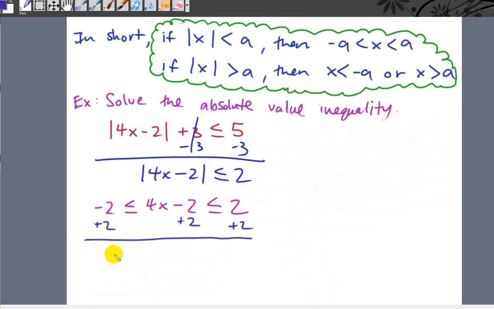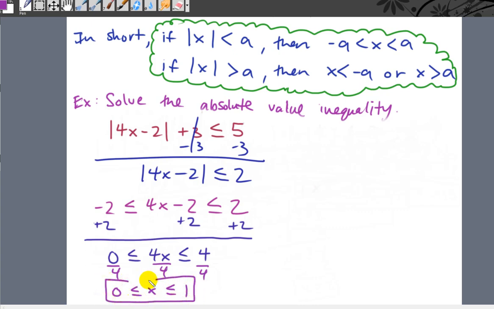So negative 2 plus 2 is going to be 0, less than or equal to, this cancels, we get 4x, and less than or equal to 2 plus 2 is going to be 4. Then we can divide by 4 to ease the bounds, and we have 0 is less than or equal to x, and 4 divided by 4 is 1. And there you go.